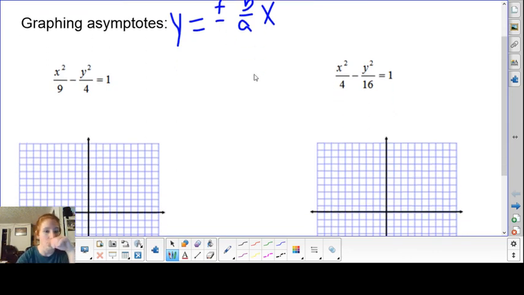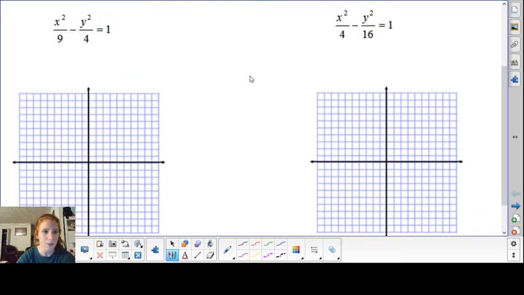So let's take a look at this first example. I have x squared over 9 and y squared over 4. So what is my a? Where's my vertex? Good. Plus or minus 3, 0. Because again, it's with the x, and I take the square root of it.